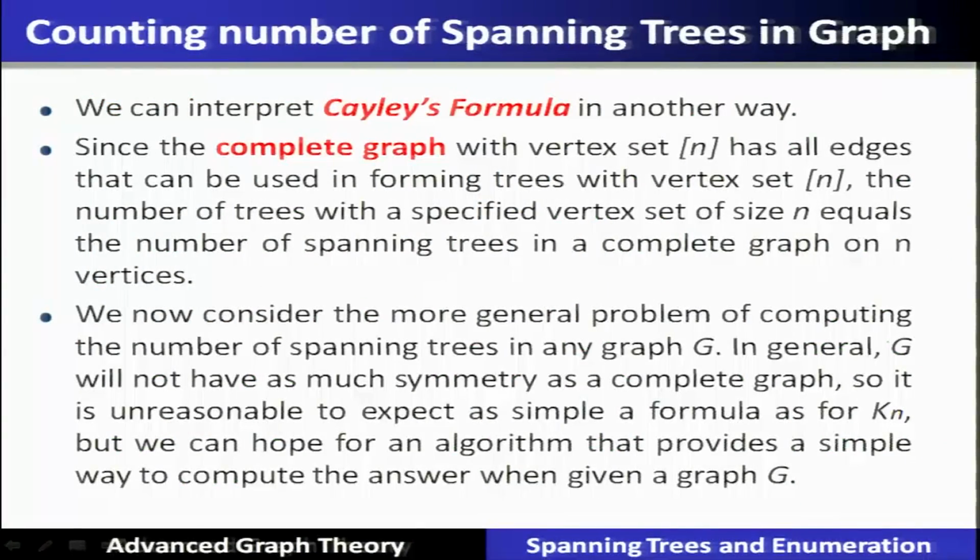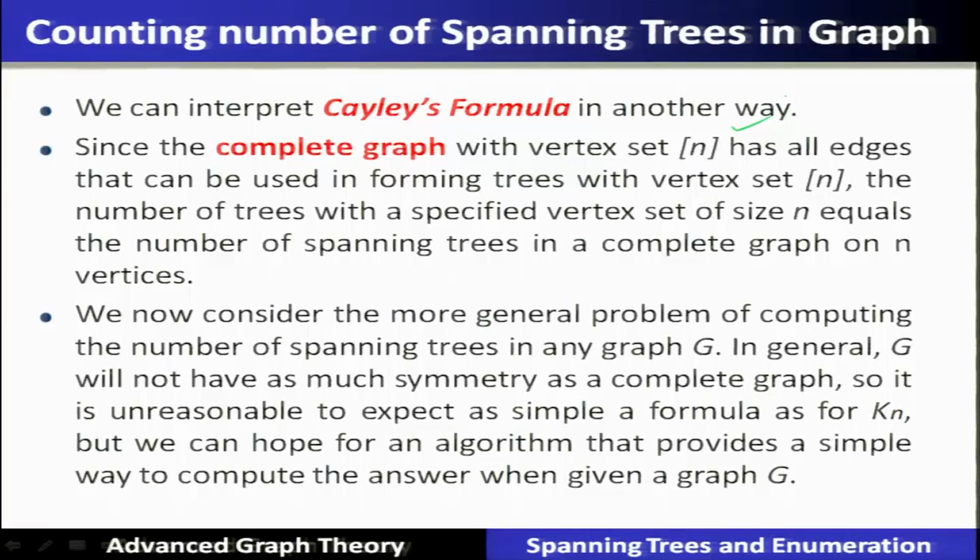Now, counting the number of spanning trees in a graph. We can interpret Cayley's formula in another way. Since the complete graph on n vertices has all the edges that can be used in forming the trees on n vertices, the number of trees with a specified vertex set of size n equals the number of spanning trees in the complete graph on n vertices.